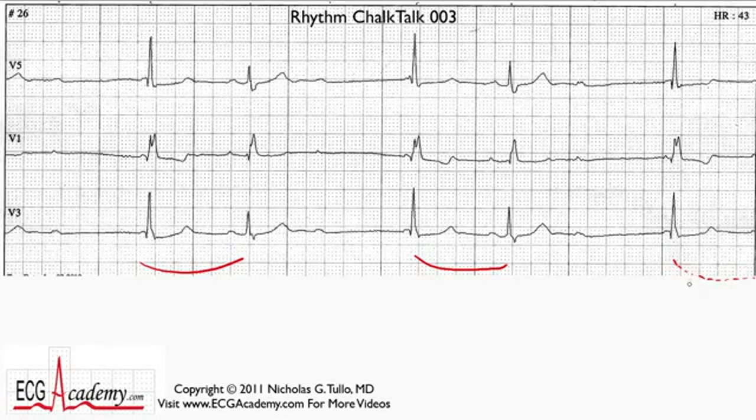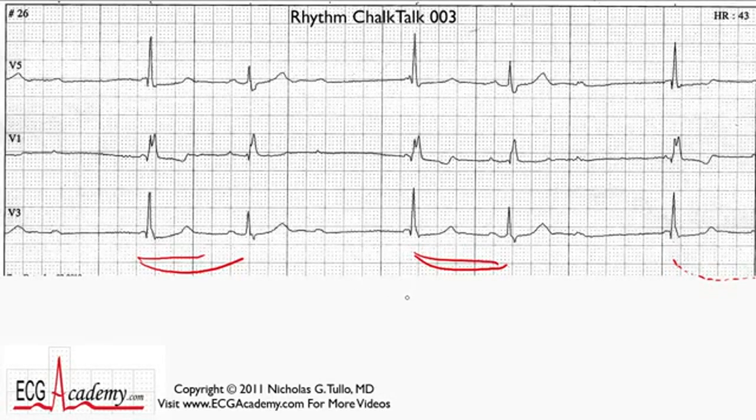And I'm trying to get you used to the fact that EKGs are not always perfect. And sometimes you'll just have one little strip to work with, and you'll just have to make the best of it.